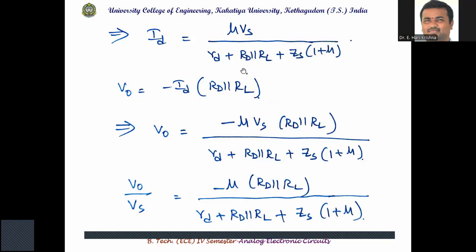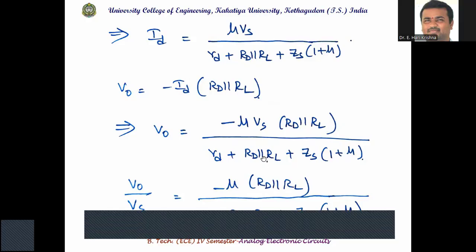Substituting the ID equation in this, V0 is equal to minus mu Vs RD parallel RL divided by rd plus RD parallel RL plus ZS into 1 plus mu. So Vs taken towards the LHS, V0 by Vs is equal to minus mu RD parallel RL divided by rd plus RD parallel RL plus ZS into 1 plus mu.